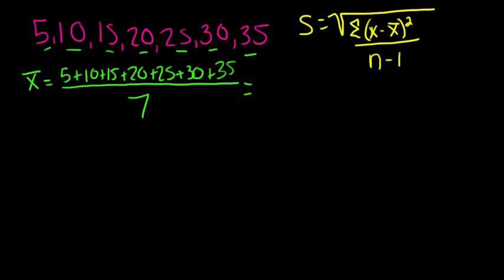Add those all up, and it will give you 140 divided by 7, which gives a mean of 20.